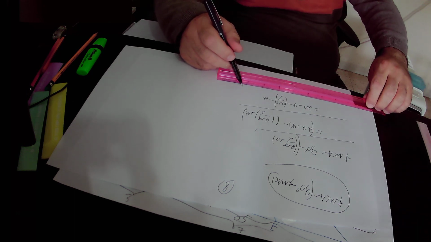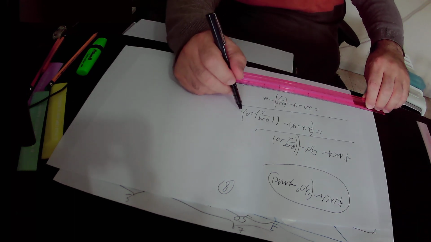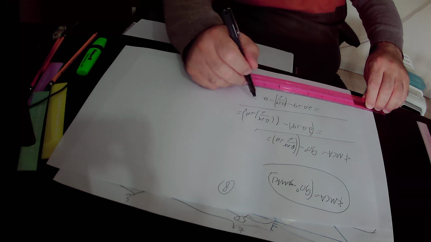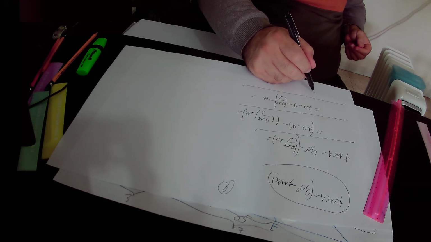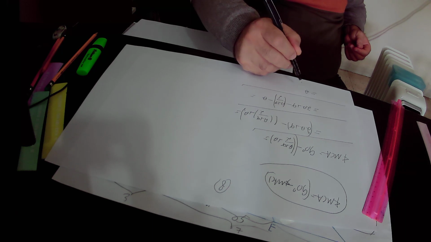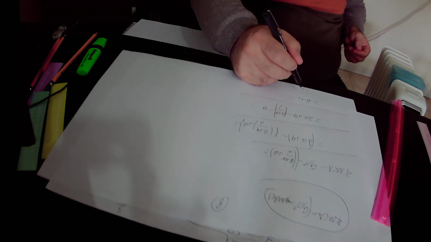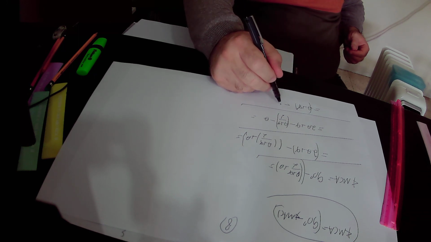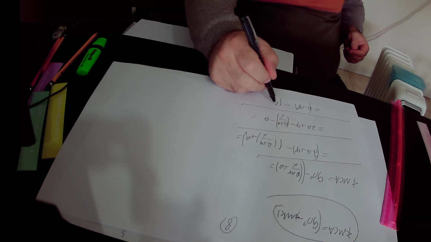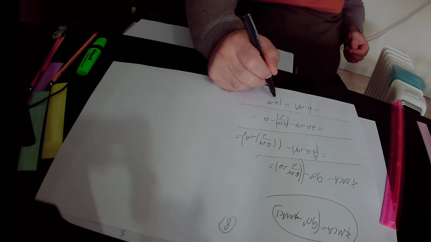So we found out that angle MCA equals 2 theta minus theta is theta plus alpha, theta plus alpha minus theta plus alpha over 2.